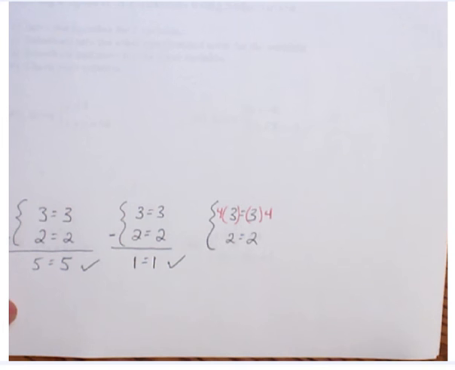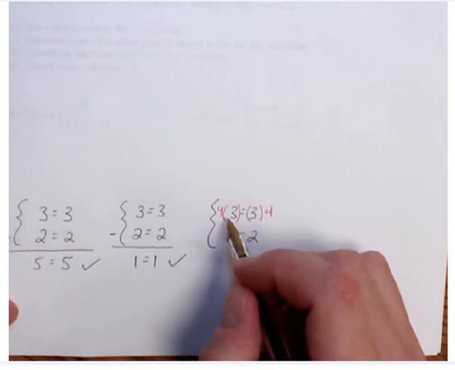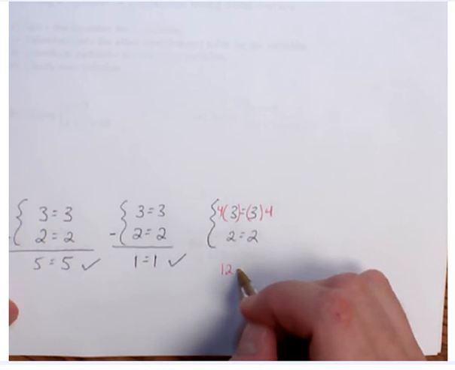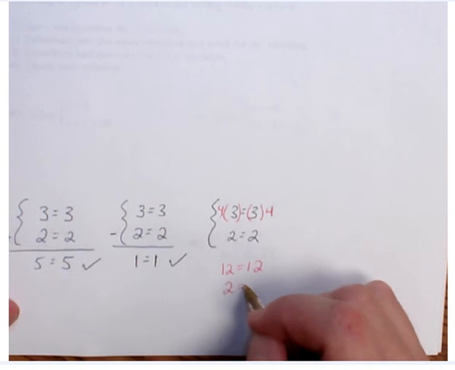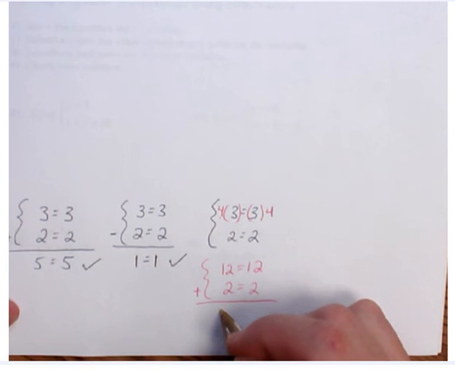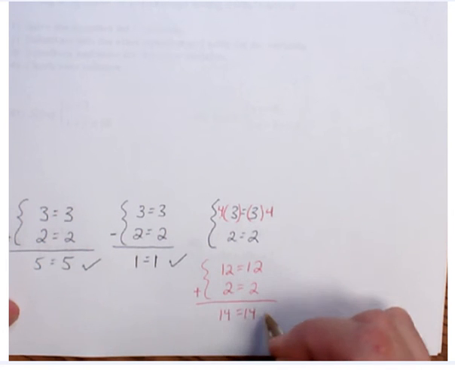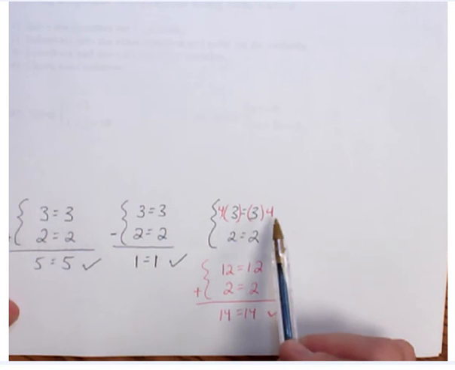You can subtract, you can multiply, you can divide, and the equality is still true. Now if we do that, 4 times 3 we get 12 equals 12, which is still true. You get 2 equals 2, and if you want to, you could add those up. You get 14, still equal to 14. So this technique of multiplying, we're going to use this today.